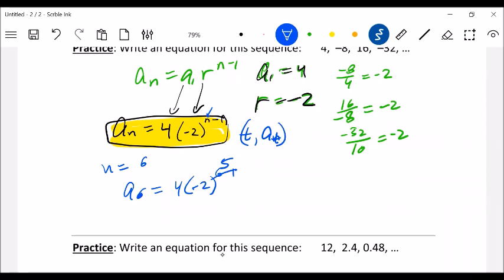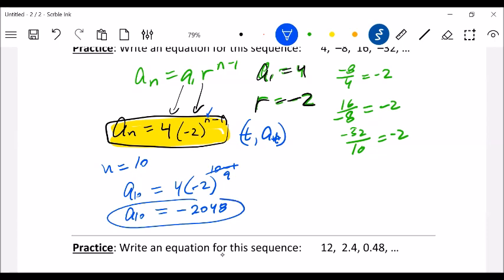I think I actually meant to keep 10. So it's 10. This is 10 minus 1, for the number 9. So we have negative 2 to the 9th power, and then times 4. And that's going to be negative 2048. That's right, because that's 10 too. The amount at the 10th term is negative 2048.